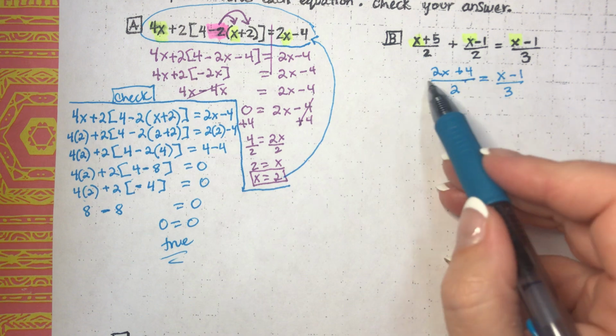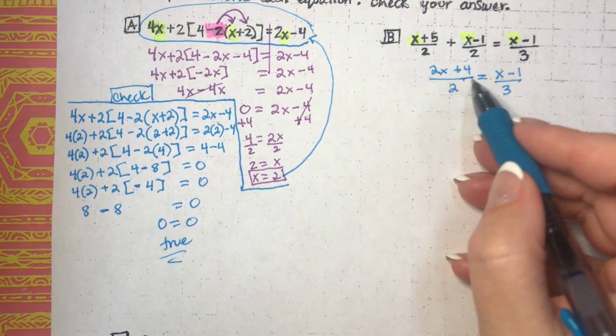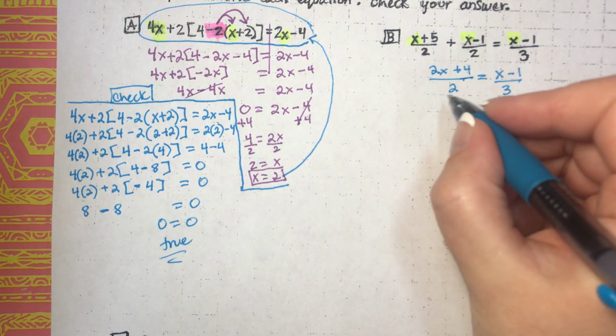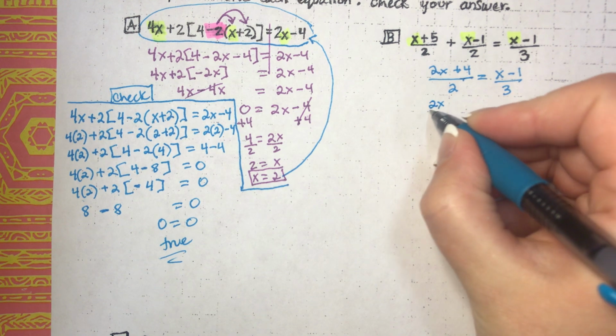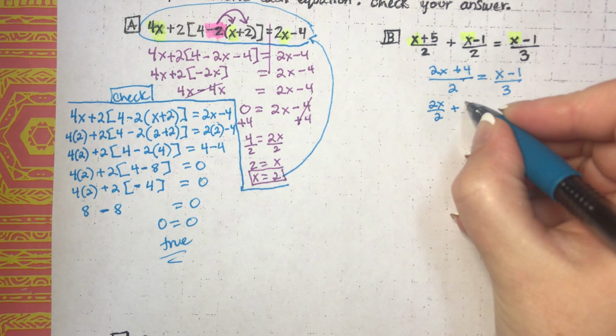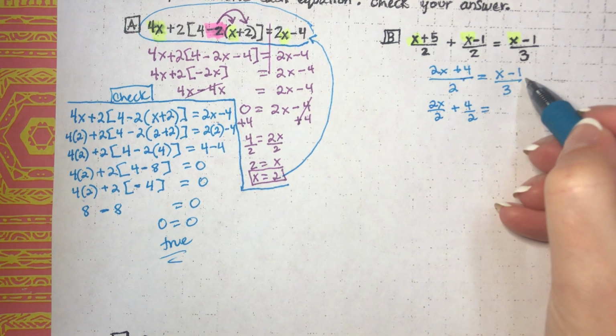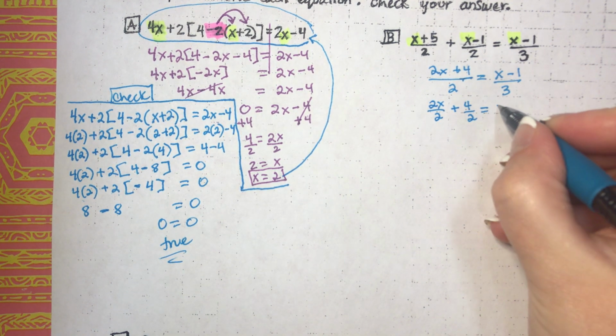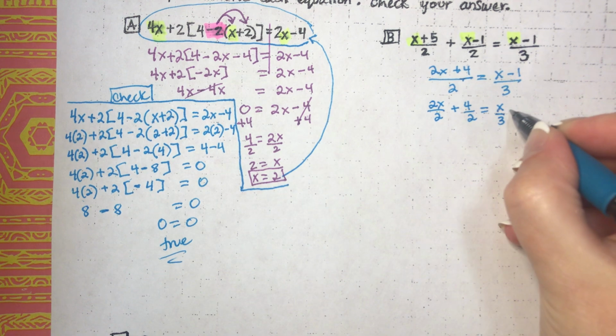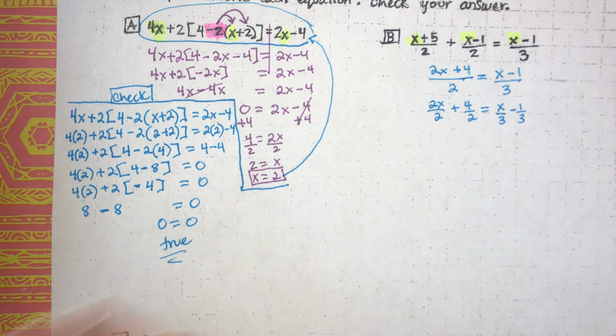Like 2x plus 4 all over 2, right? That is the same thing as 2x over 2 plus 4 over 2. And that equals x minus 1 over 3, which is the same thing as x over 3 minus 1 over 3. They mean the same thing.